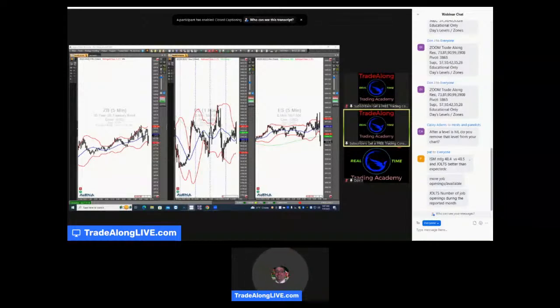We're just trying to take advantage of ebbs and flows of the market here. We're looking at the 42 area next.